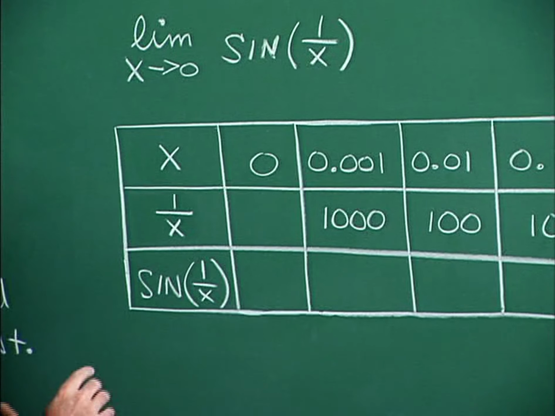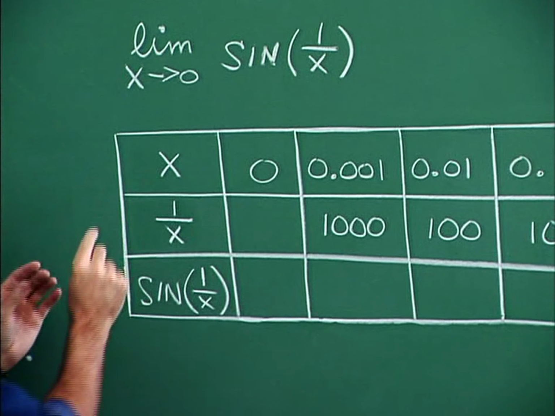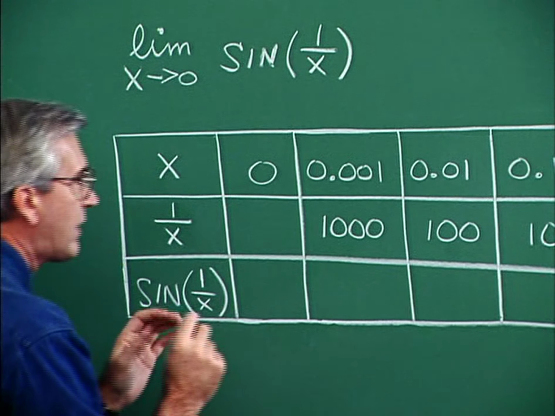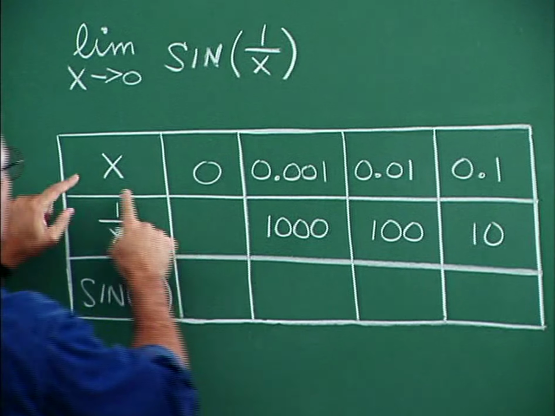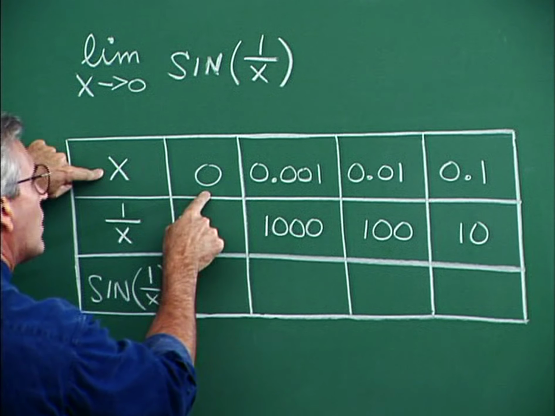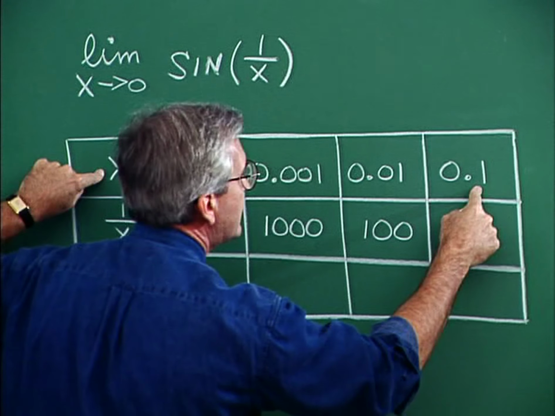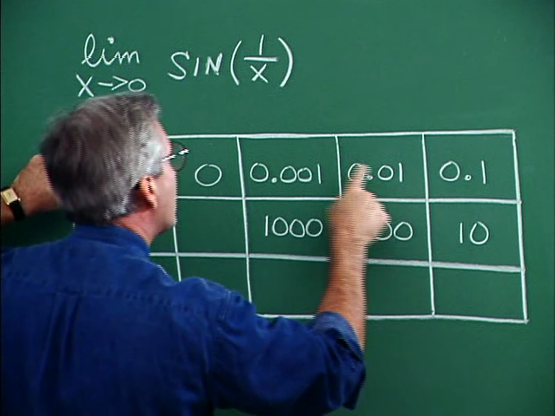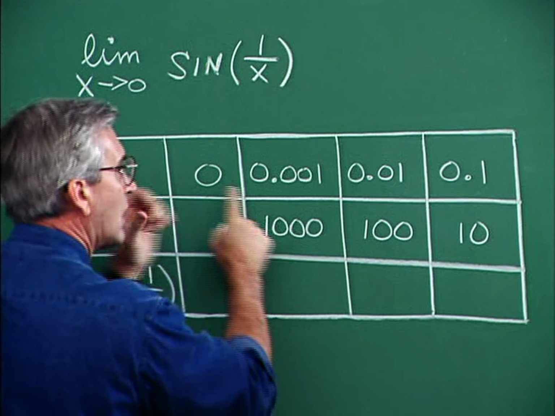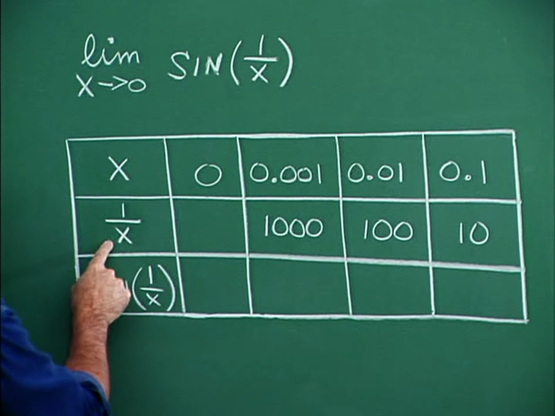Now, this is an oscillating function in the neighborhood of the target point, and we can get a clue about the oscillation if we look at this table. I'm thinking of x approaching 0. So we go all the way out here to 1/10, and then to 100th, 1,000th. We're getting closer and closer. You see we're getting smaller and smaller. We're approaching 0. All right, what about 1 over x, though?